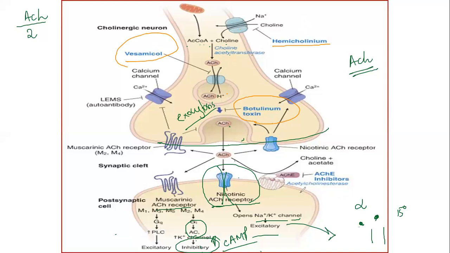Then we have the acetylcholine esterase inhibitor. So what will happen with this? The acetylcholine will remain in the synaptic cleft, because of which it will give continuous excitatory stimulation. So if I don't want that, then I need this enzyme to degrade the excess neurotransmitter.